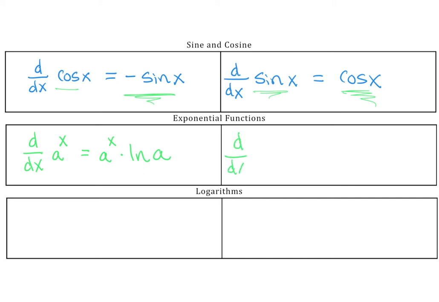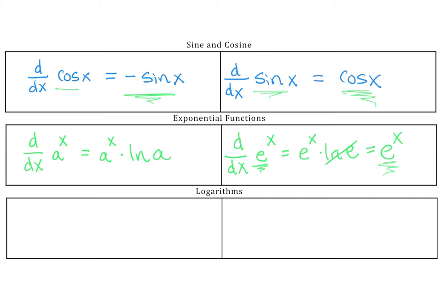So d over dx, we're going to take the derivative of e to the x. It follows the same pattern: e to the x times the natural log of the base e. But the natural log of e cancels, and you're left with e to the x. So the derivative of e to the x is e to the x.